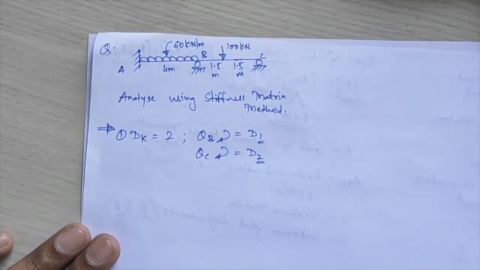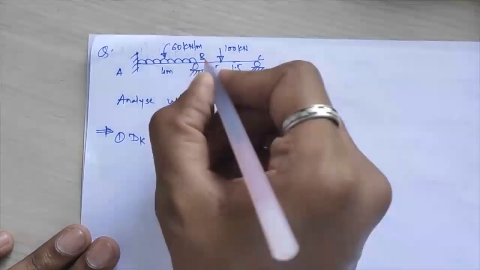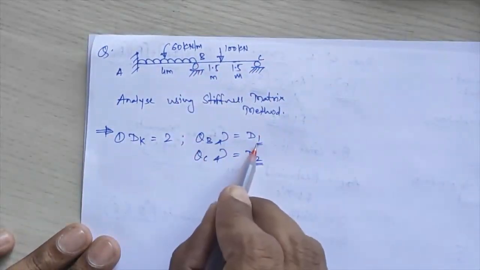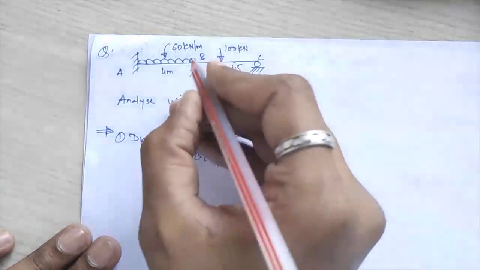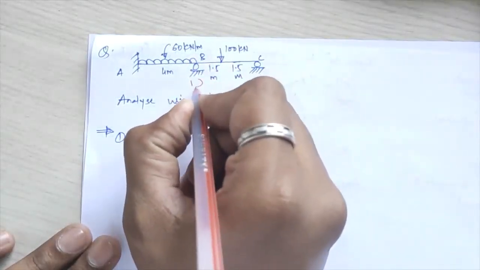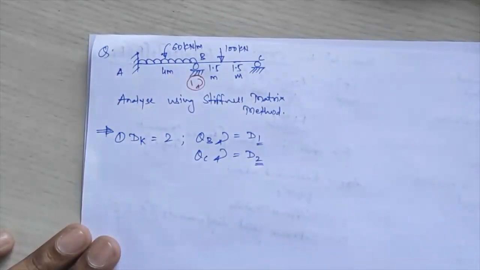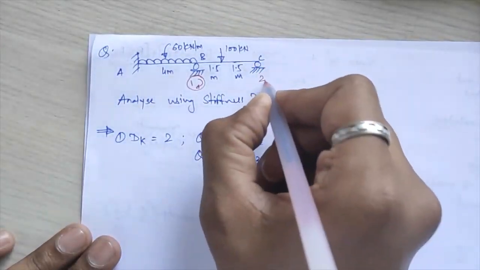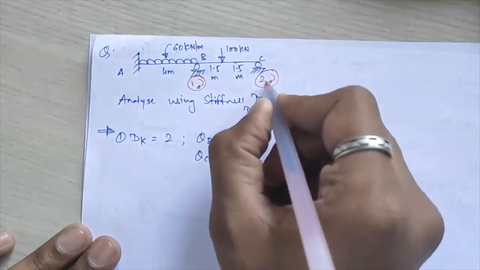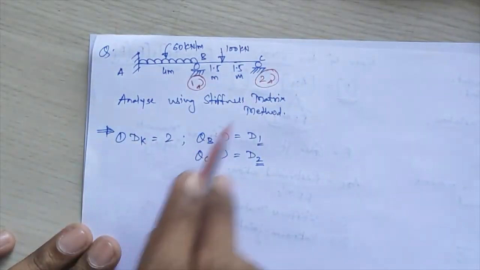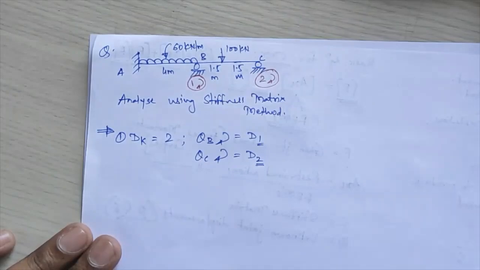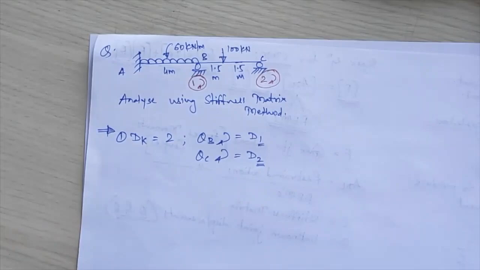So I'll mark these 2 points over here at point B and C. First redundant I am getting at point B, here I am marking as my first, that is your theta, and second here again you are having theta at point C. Respectively I have marked my first and second redundants here.